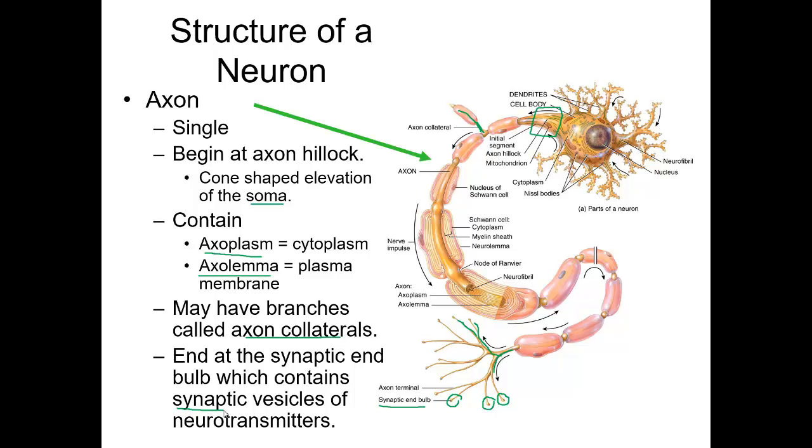A synapse is a junction between one axon and another axon, or one axon and an effector organ. Now, the synaptic end bulb is where a neurotransmitter is housed. So this is where the action potential is going to jump from one axon to another neuron, or one axon to another effector organ.